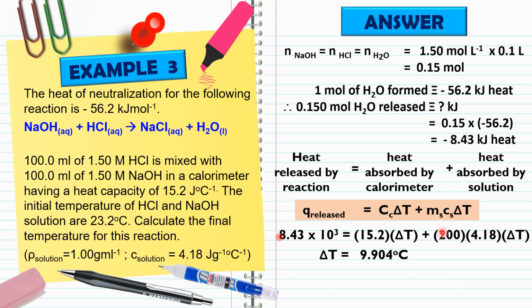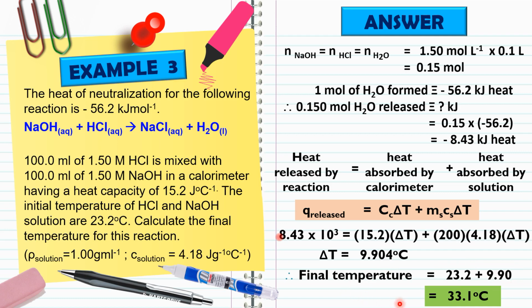Mass of solution is 200 gram, and therefore the value of delta T is 9.904 degree Celsius. We know that delta T is T final minus T initial, and therefore the final temperature is T initial plus delta T. The final temperature is 33.1 degree Celsius.